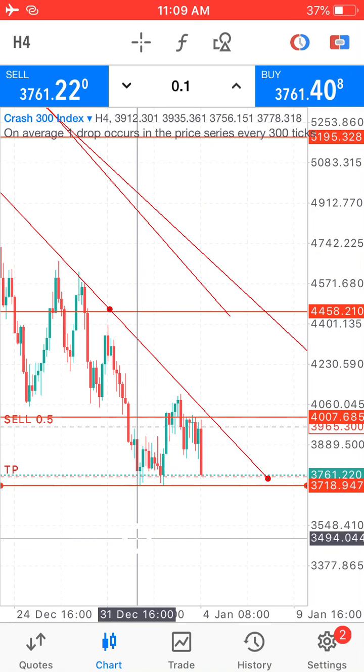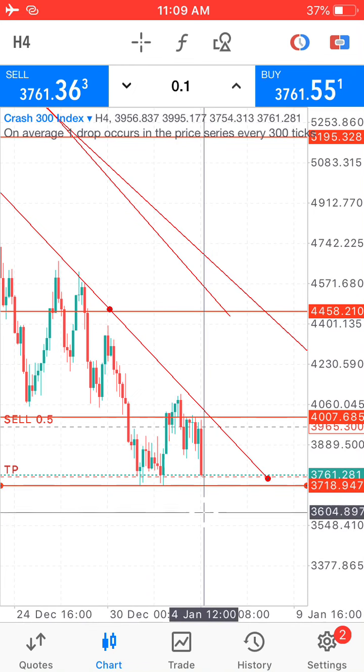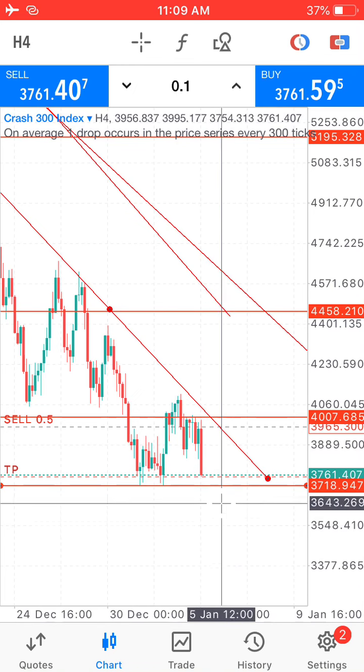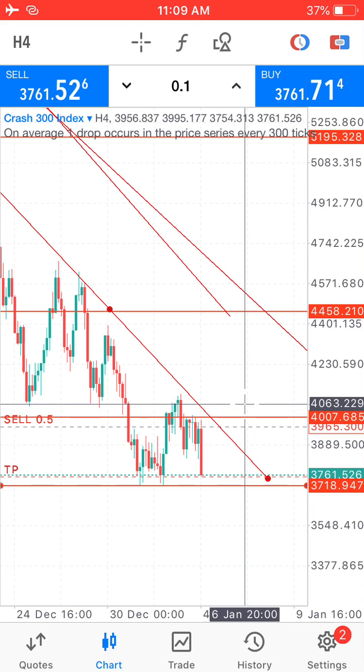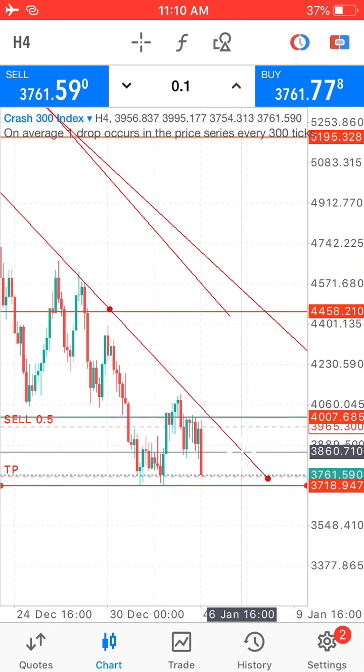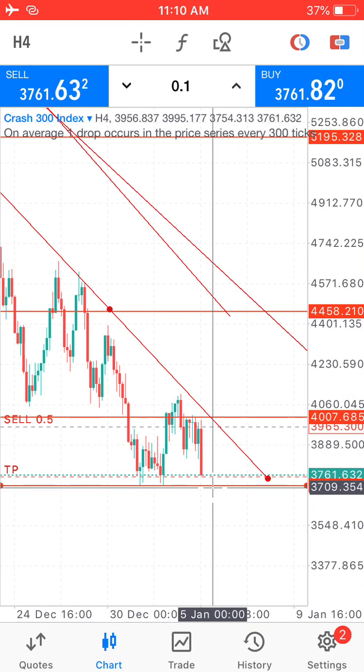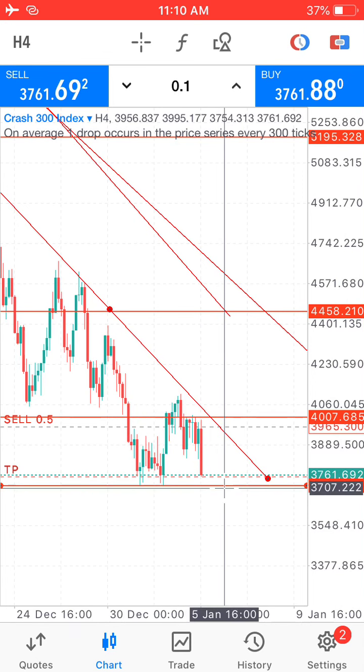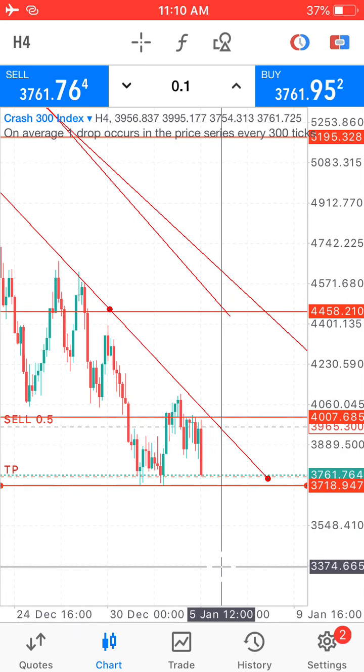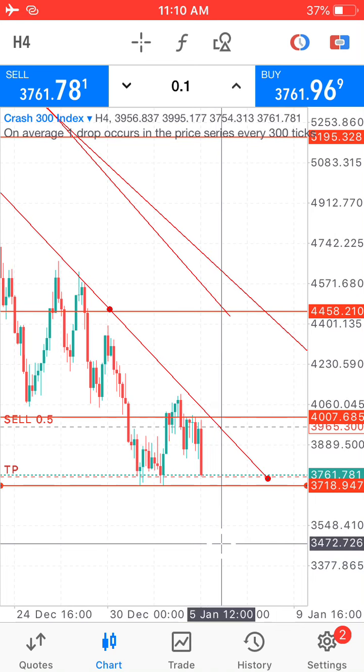A fake breakout is that it's going to break, making you feel it's going to sell, but it's just going to turn back and go back up, maybe respecting this trend line here. But if it breaks this level here, retests and goes down, retests and shows a sign of a bearish candle, then we are sure to go in for more sales.